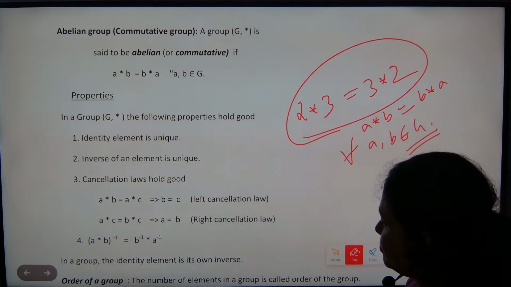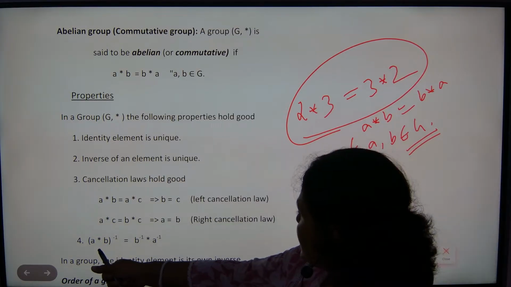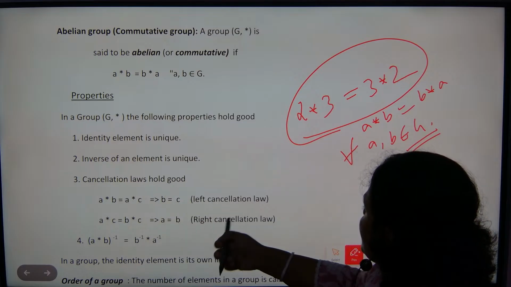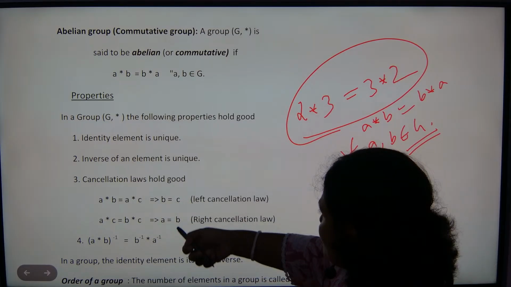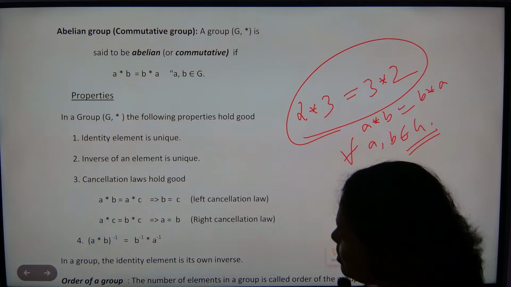Okay, আচ্ছা আরেকটা এই যে রিলেশনটা। Okay, here left cancellation, right cancellation, we all know that. Okay, this is important.